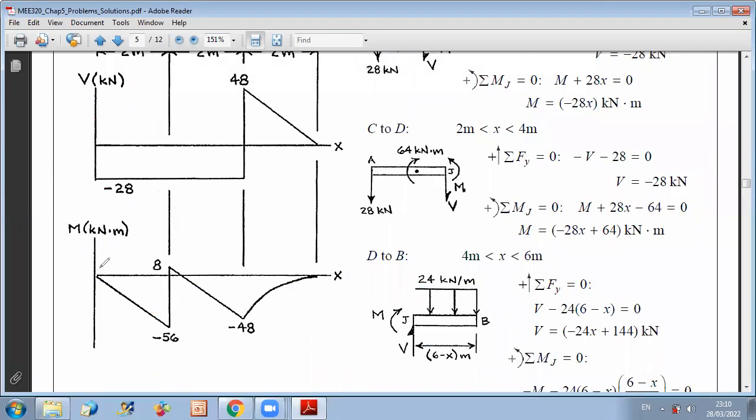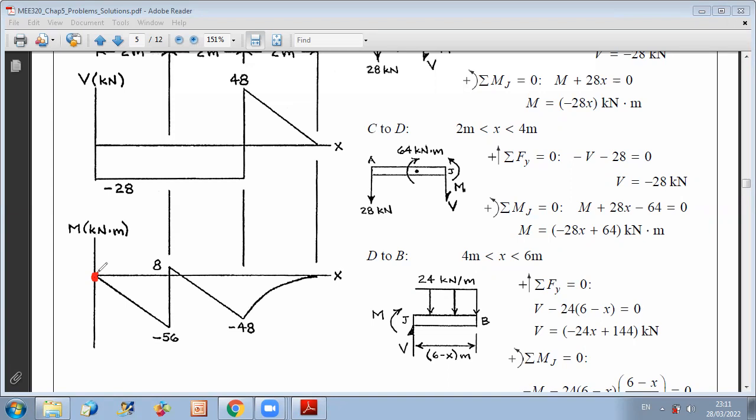We start by 0 because we have a pin, and we know that for the pin the bending moment is 0 if the pin is at the beginning of your beam, or when you reach a roller, the bending moment at a pin and roller should be equal to 0. Okay, and we have seen together that this applies also for a hinge.